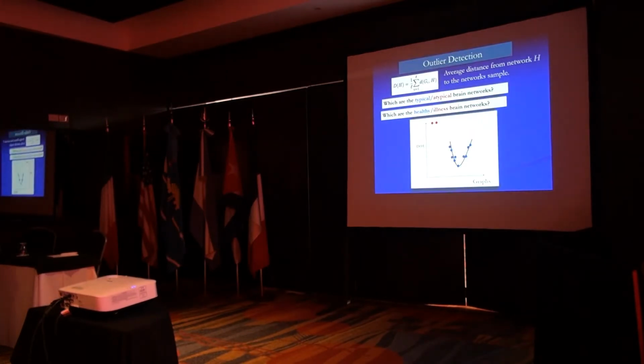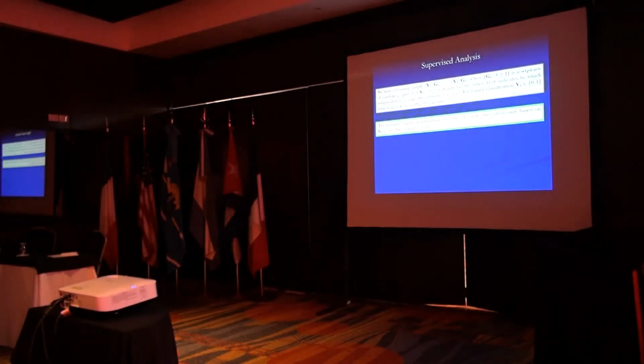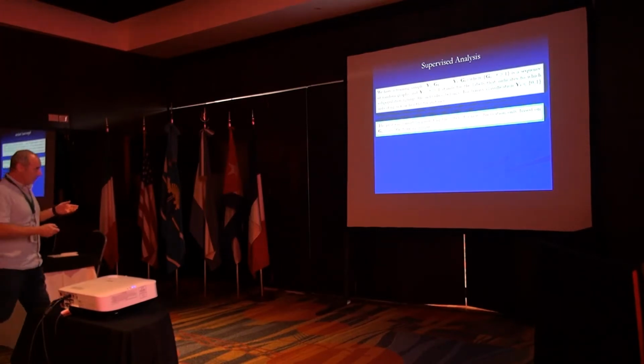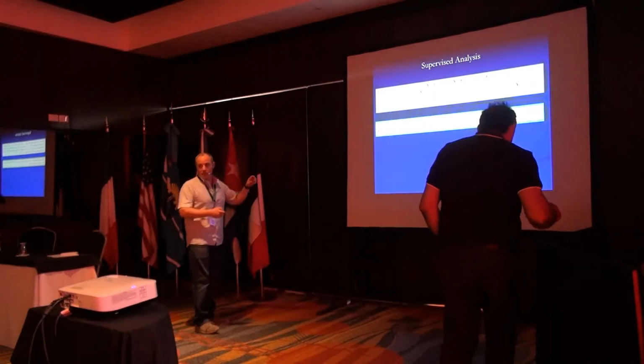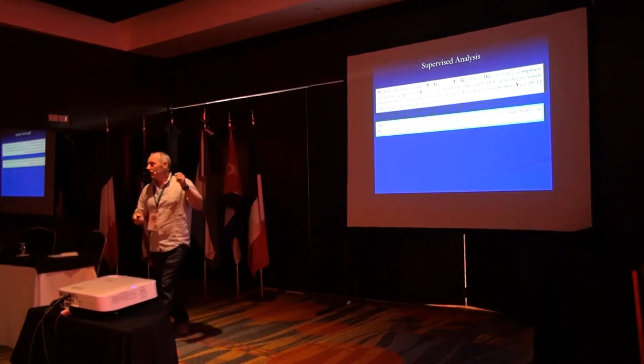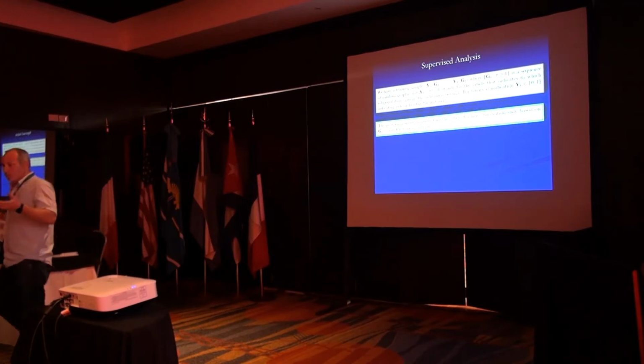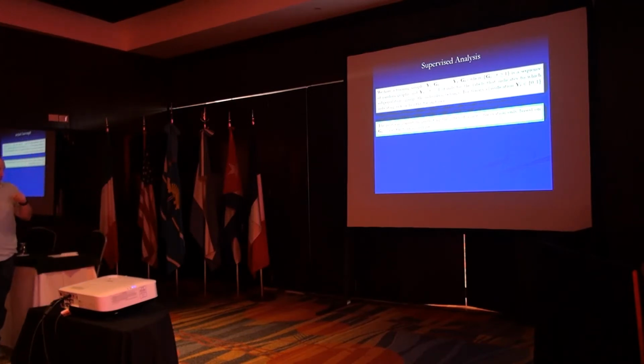In the case of supervised learning, there's nothing new, because if you have a distance, the problem of supervised learning, I think everybody knows it. Let's say we have a label that can be 0, 1, or more, but let's think binary. For each subject, we have its brain network and a label that says he's healthy or not.